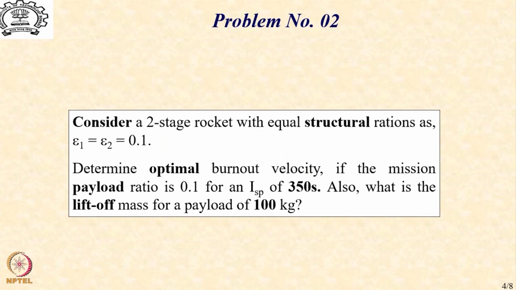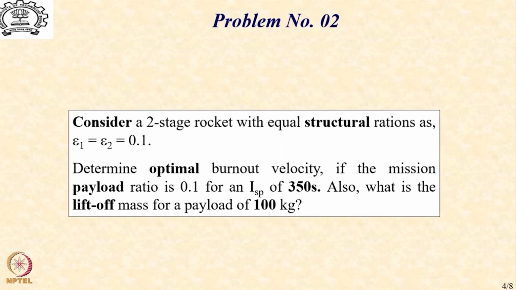Let us try and find out what is the burnout velocity that we can get. And also we have this time increased the ISP from 200 to 350. So we have improved the structure from 0.2 to 0.1, so it has become more efficient. It can carry more propellant. And we have improved the ISP from 200 to 350.